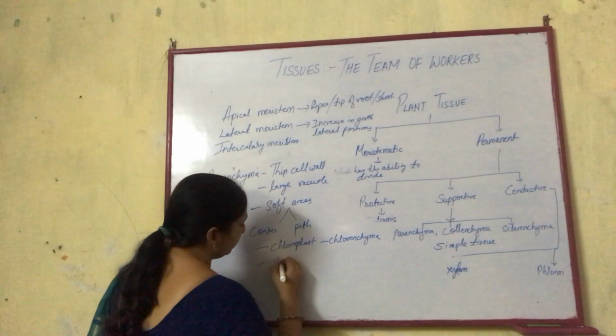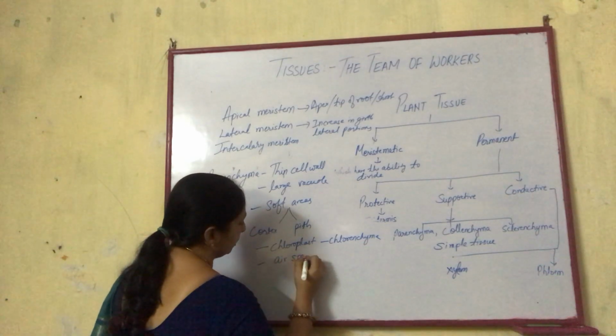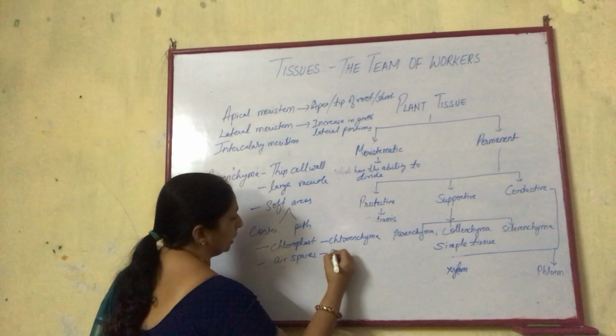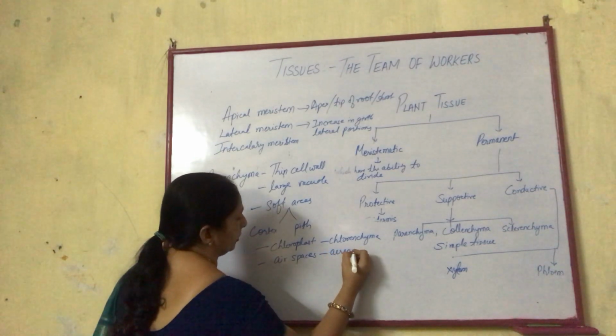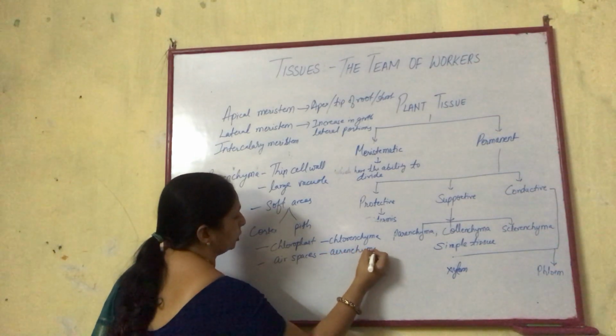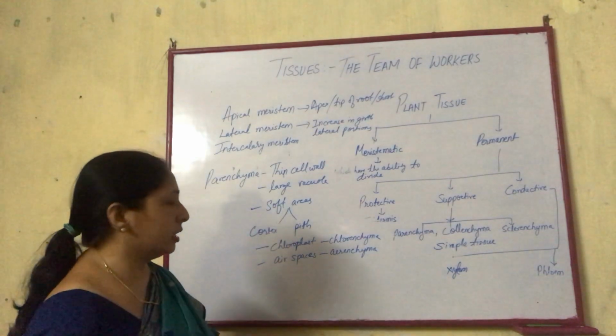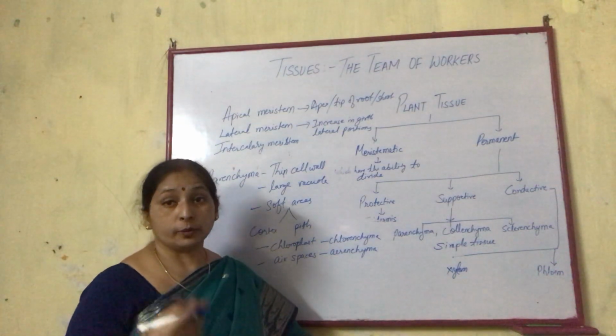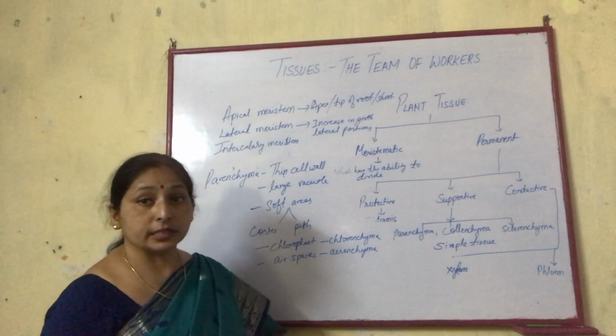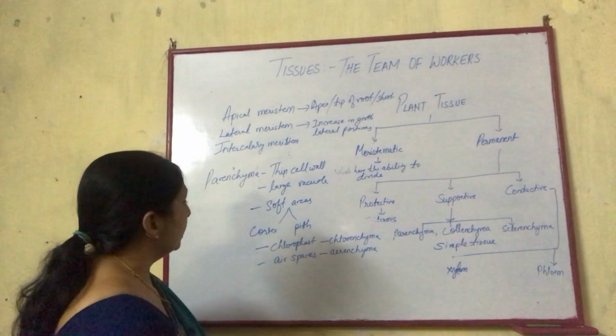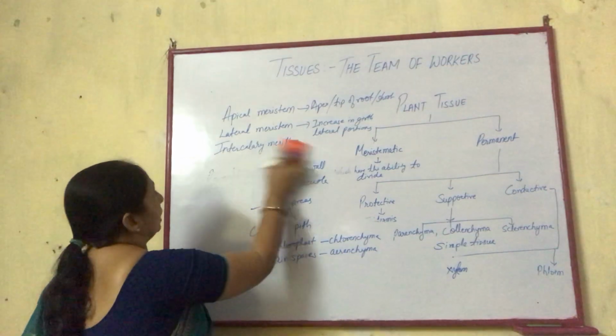If air spaces are present, they are termed aerenchyma. So for these two terms, the functioning of parenchymatous cells is the same, storage: if chloroplast is present, chlorenchyma; if air space is present, aerenchyma. Next is collenchyma.